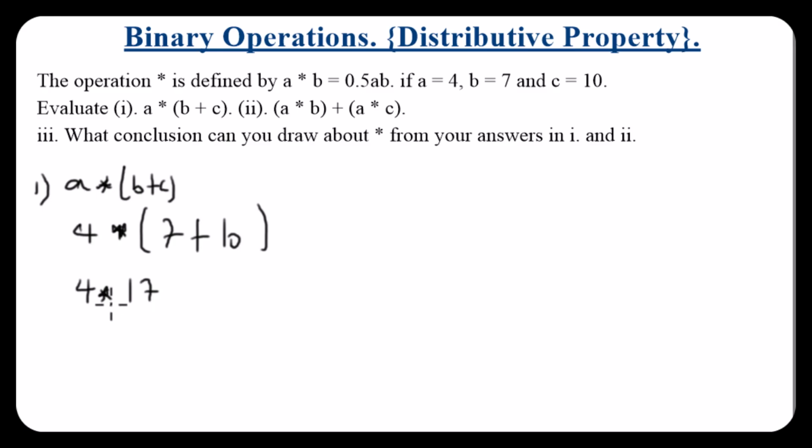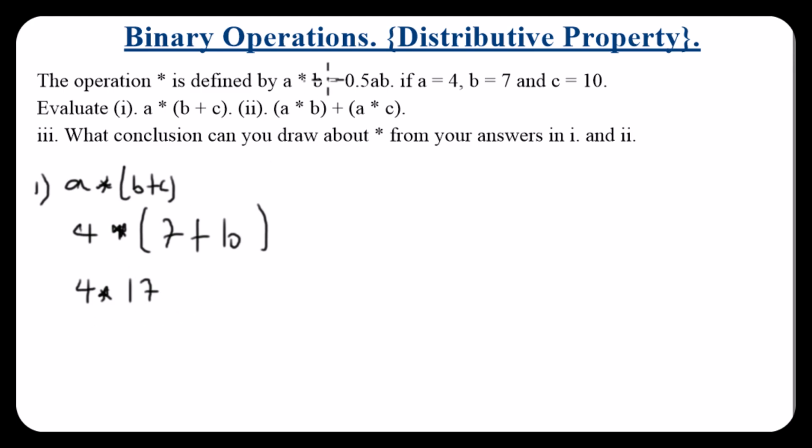This operation star is defined as 0.5 AB. Now this time around, we're not going to use the A and B in the question. Of course, here A is still 4, that's just a coincidence. But instead of B being 7, we have to use 17 now, because you can see this is 4 star 17.